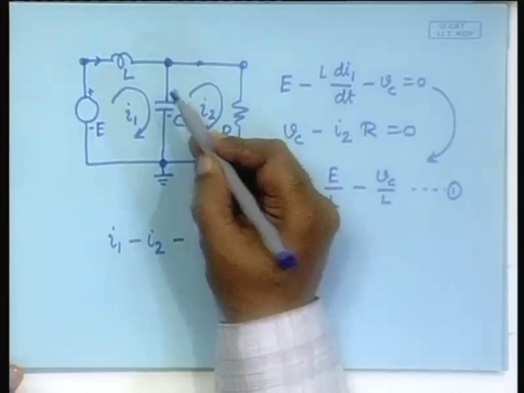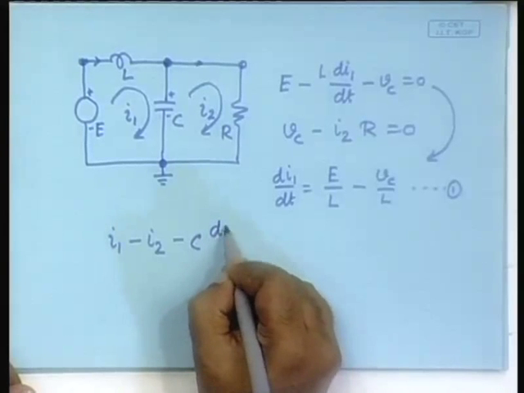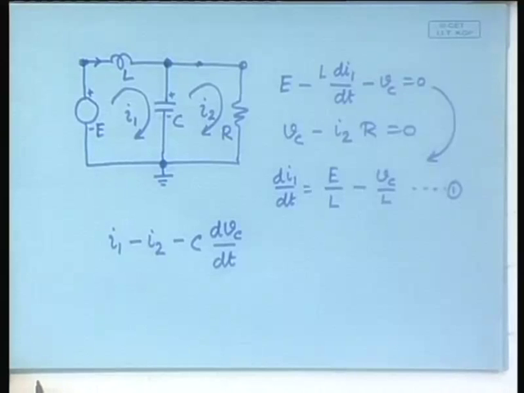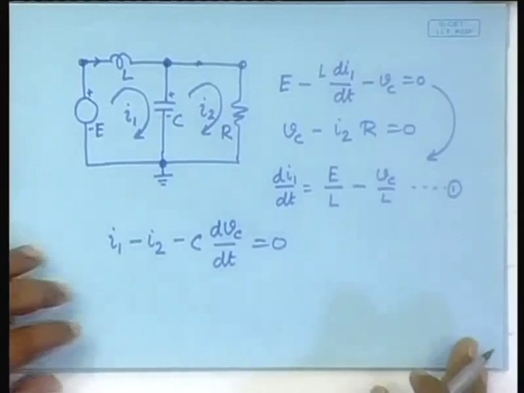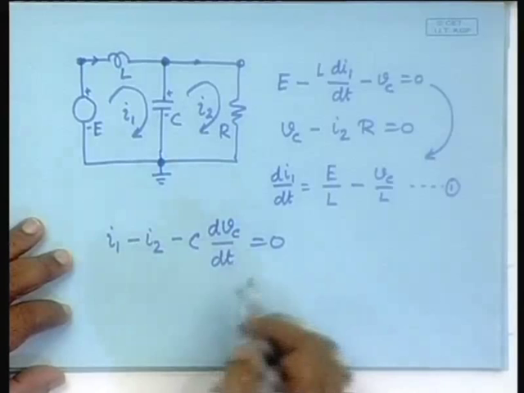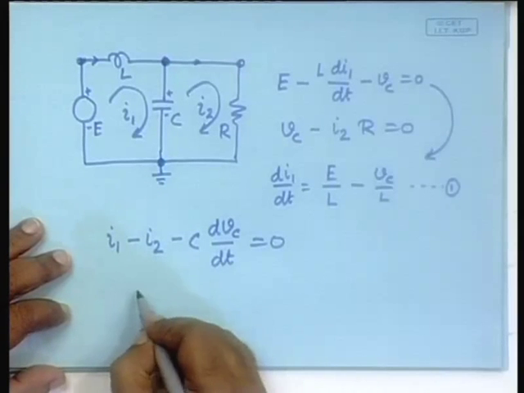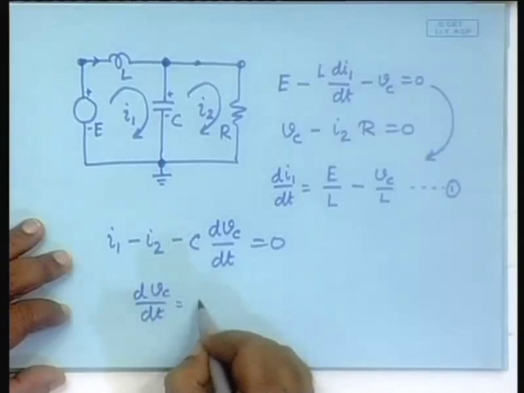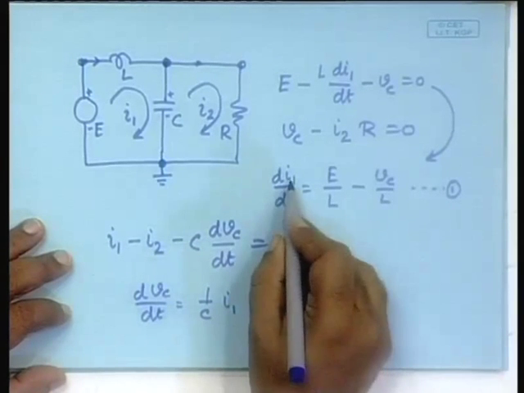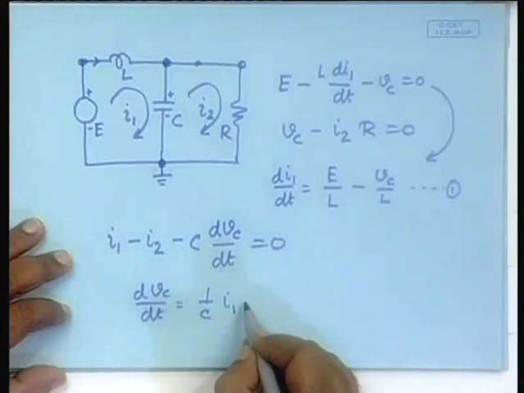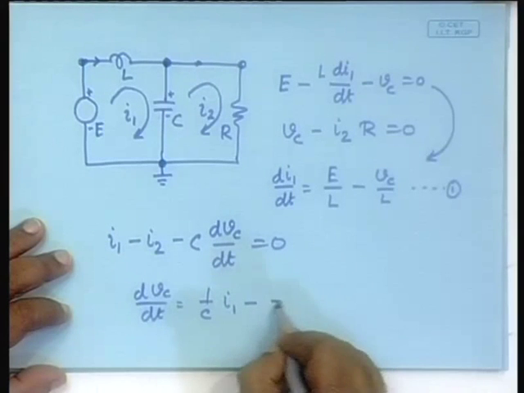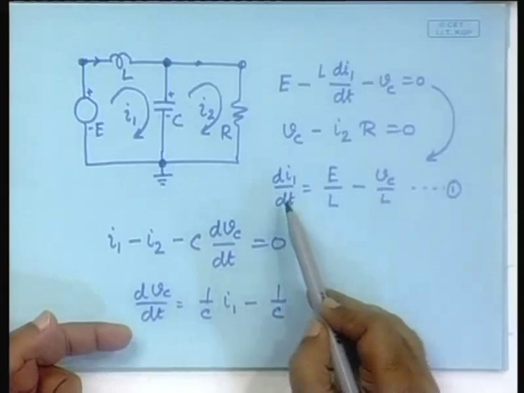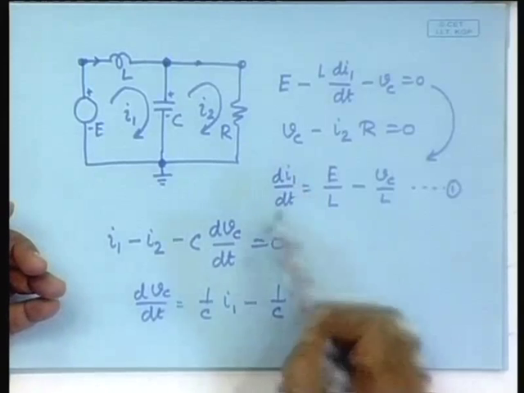C, yes, C dVc/dt is equal to 0, which immediately gives you the differential equation dVc/dt is equal to 1 by C I1, I1 is a state variable, so it remains, minus 1 by C I2. Now, I2 is not, because I am now obtaining the differential equation in terms of I1 and Vc.